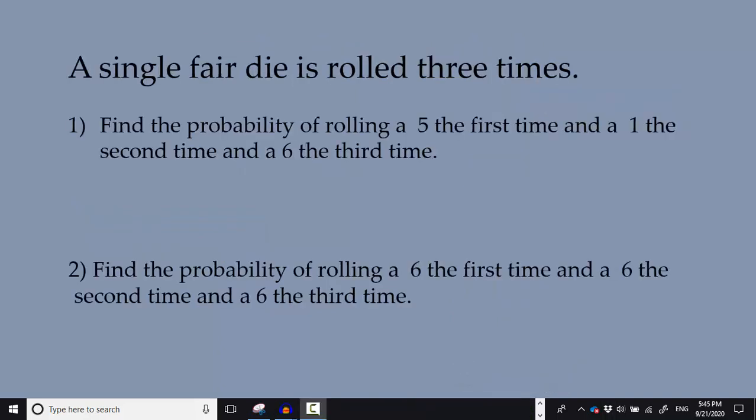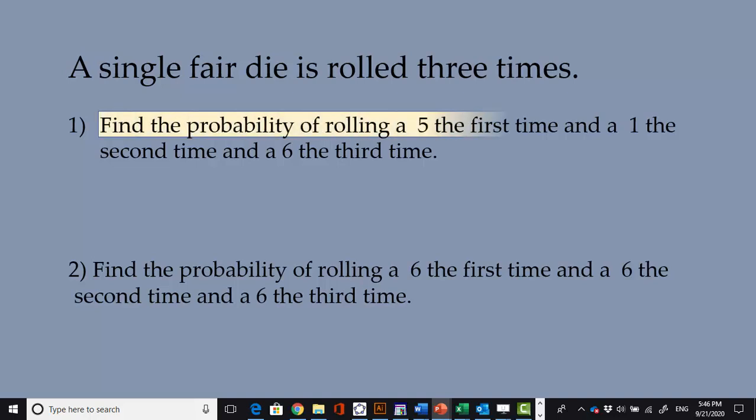Now it's time to do a little practice on applying the multiplication rule. You can pause the video anytime if you would like to work out the answer before it is revealed. The die is now rolled 3 times and we would like to find the probability of getting a 5 the first time, a 1 the second time, and a 6 the third time.